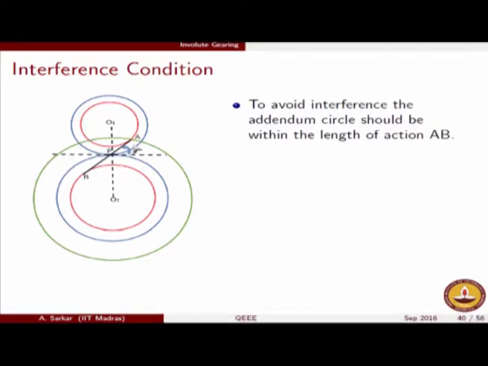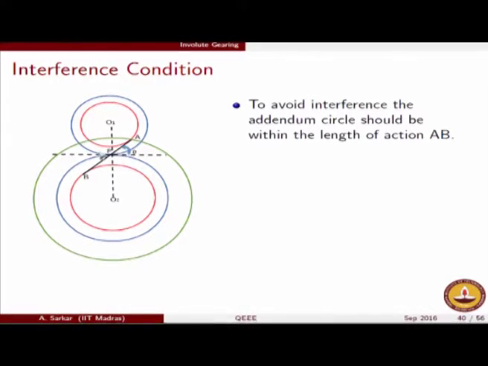Trouble will happen if the addendum of this wheel just touches the base circle, and then the interference will start. But if the addendum circle is lesser, let's say imagine that there is another green dotted circle of lesser radius than the green circle that is shown, then there is absolutely no chance of any interference, because in that case the engagement will end wherever the green circle is cutting this line AB.